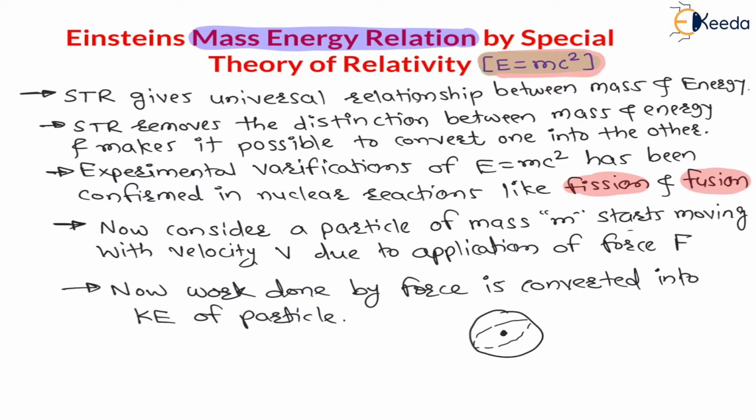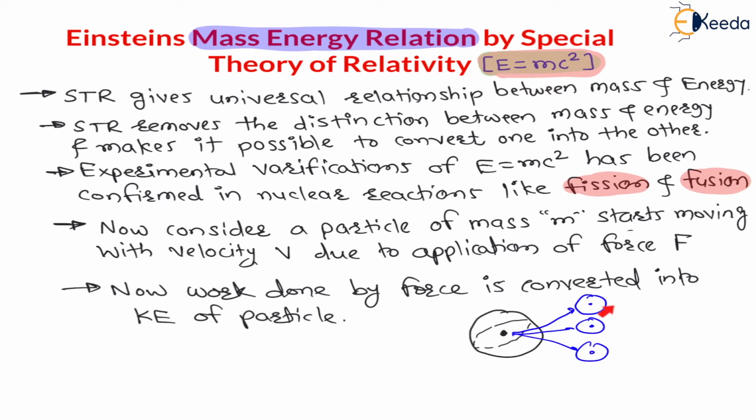Now this nucleus of the atom will split into smaller nuclei. Let us say this is one atom, another atom, another atom. Here the larger atom is splitting into smaller atoms, or the nucleus of the atom is splitting into smaller nuclei, which is called a fission reaction. And during this reaction, a large amount of energy is released.